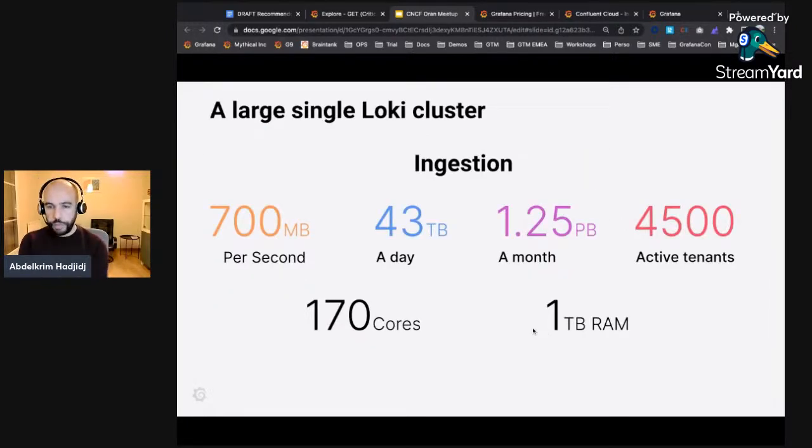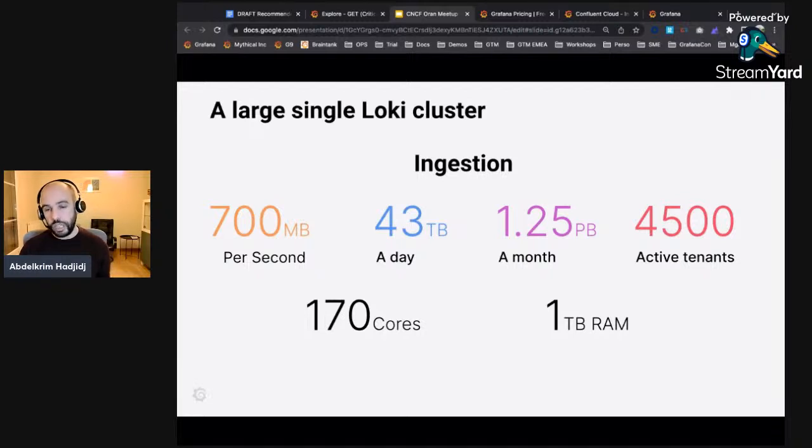So just to give you some numbers, we have some big Loki clusters, to give you an idea of the scale. We are ingesting 700 megabytes per second. So it's around 43, 45 terabytes a day. So it's a lot of data. It's more than 1 petabyte per month.